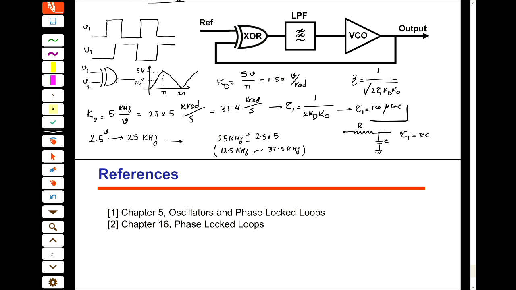The VCO itself works like this: for every 1 volt of increase, the output frequency increases 5 kilohertz, and for every 1 volt of decrease, the output frequency decreases 5 kilohertz. So we can lock in this range. But out of this range, the phase is totally different. If we move to this region or to this region, it's not going to get locked.